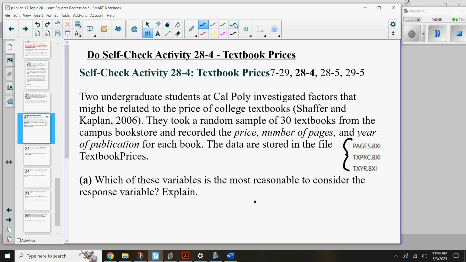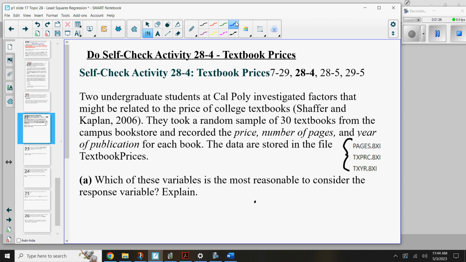Which of these variables is the most reasonable to consider the response variable? I'm not looking for the explanatory variable, I'm looking for the response variable. The one that is likely to cause the other would be the explanatory, and the one that is the result is the response.